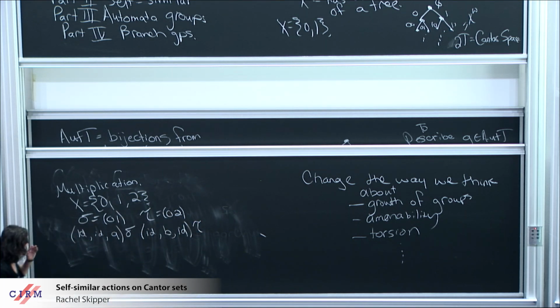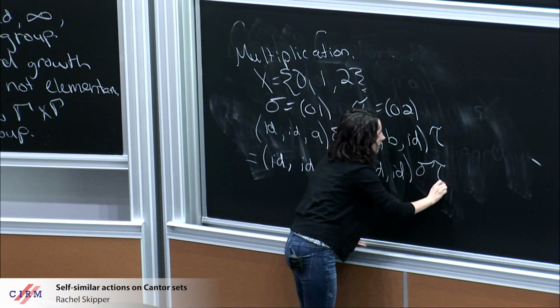The way you multiply things in this group is I slide this permutation across. And the cost of sliding the permutation across is that I have to permute these coordinates according to sigma. So I'm going to have identity, A, and then this says I should swap the 0 and 1 coordinate. So I get B, identity, and then sigma times tau.